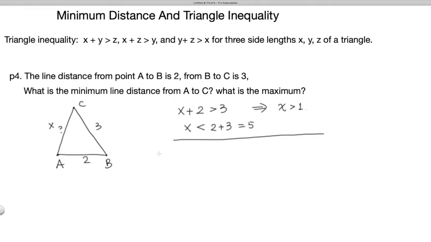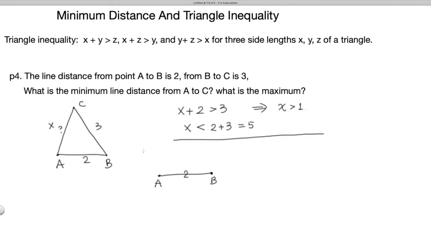This is a very simple result, but let's use a picture to see this a little more visually. A to B is 2, and we fix that. Now, B to C distance is 3. What are the points that, given this B, are at distance 3? That's going to be a circle.